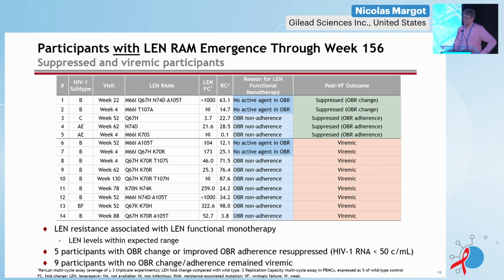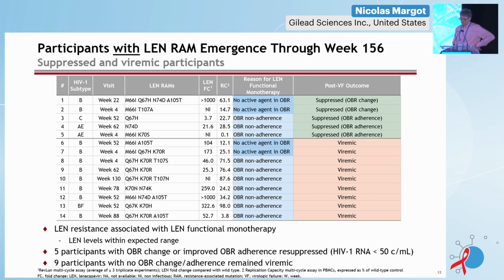As you can see in the column in blue, in all cases, Lenacapavir was the only agent at the time of resistance, so functional Len monotherapy, which was due either to the OBR being totally inactive, or the participants being non-adherent to their OBR.